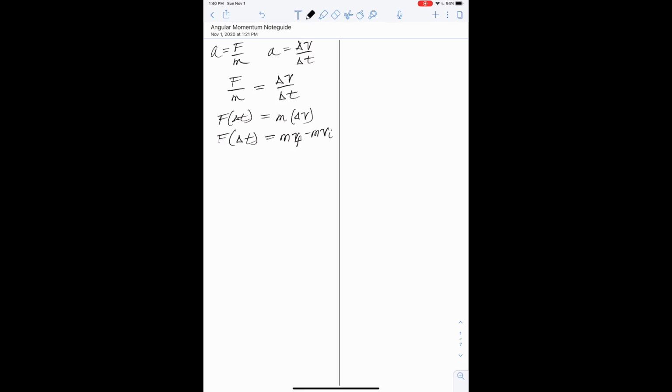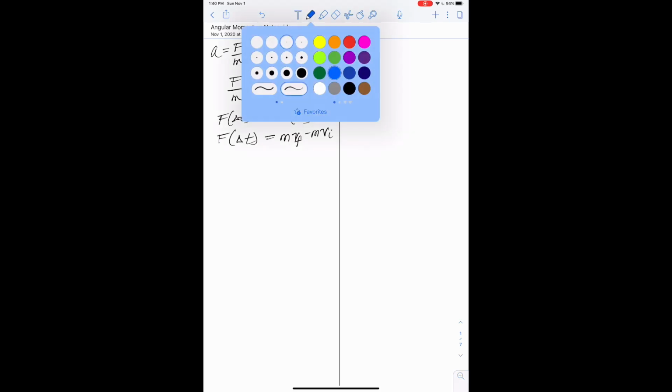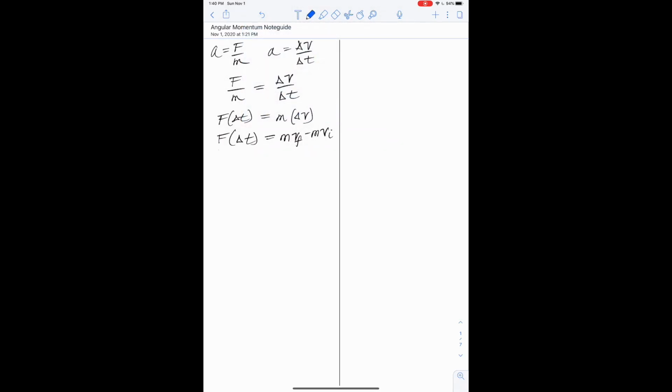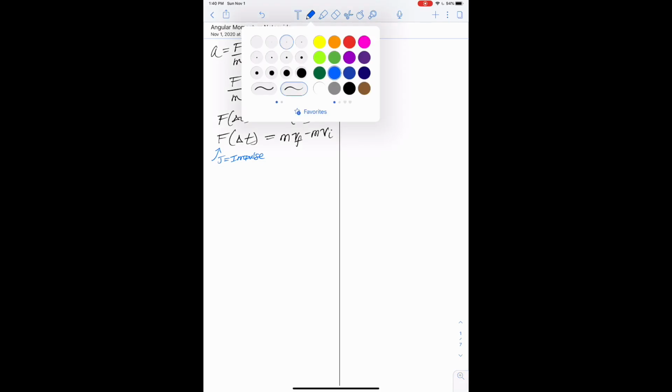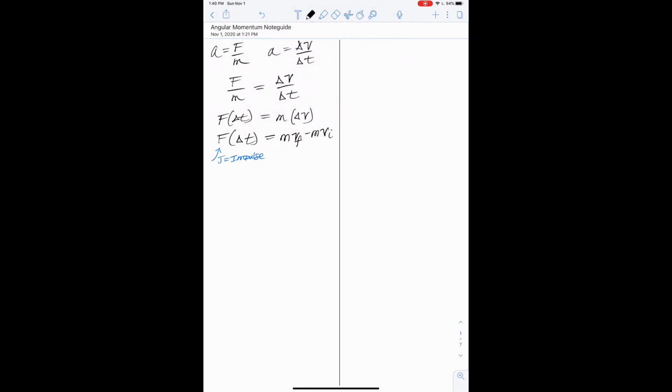And we also said, though, that F delta t is also J, right? I just want to mention that real quick. That F delta t right here is J, which we referred to as impulse. Okay. Now, what we should be able to see from that as well is that we can state it a different way, right?